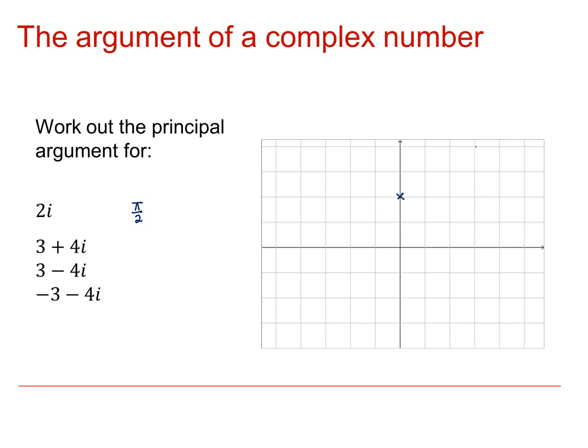For the number 3 plus 4i, the angle that we want is this angle here. So we use this triangle with height 4 and base 3, so that tan of theta is 4/3, and the argument is therefore inverse tan of 4/3.